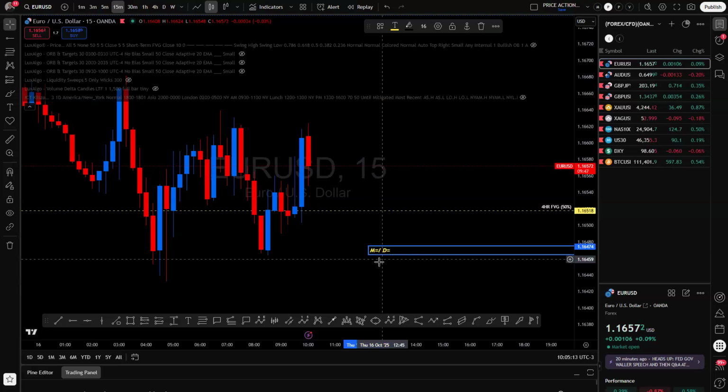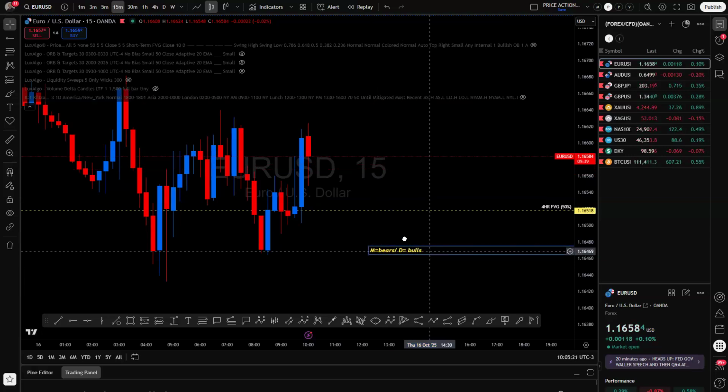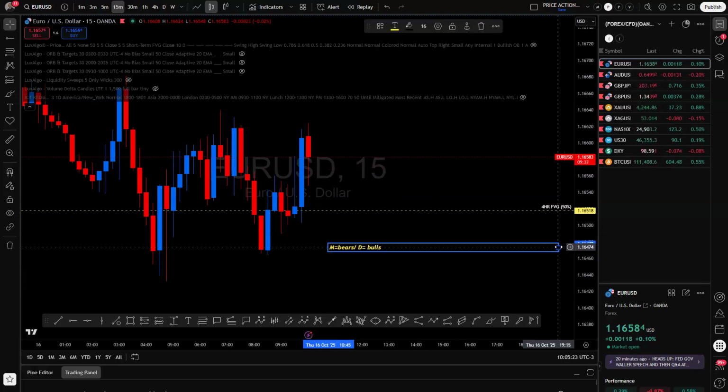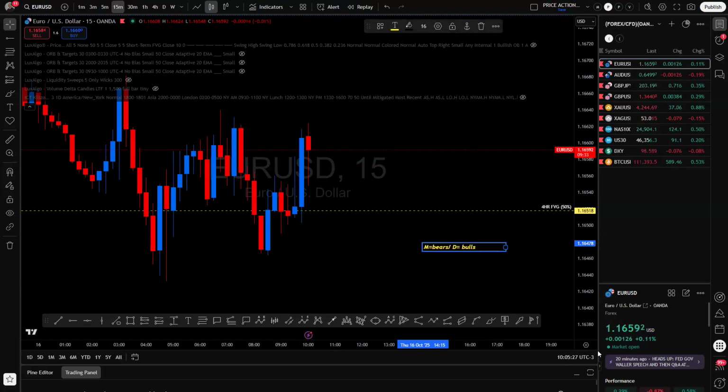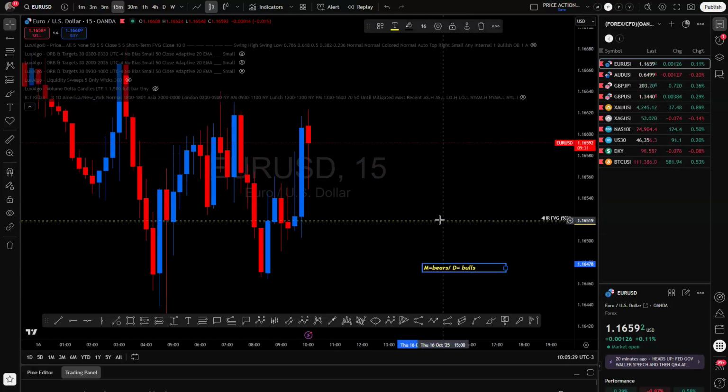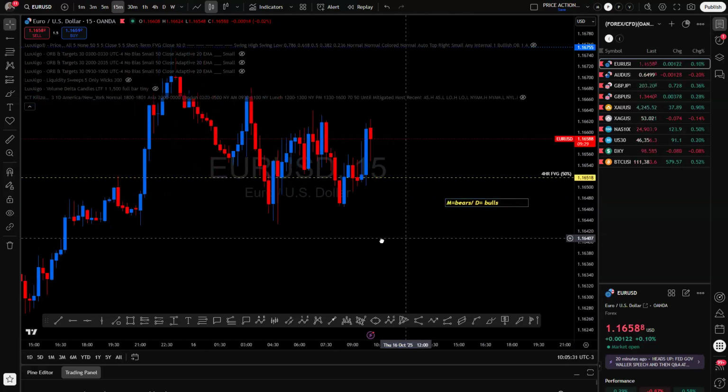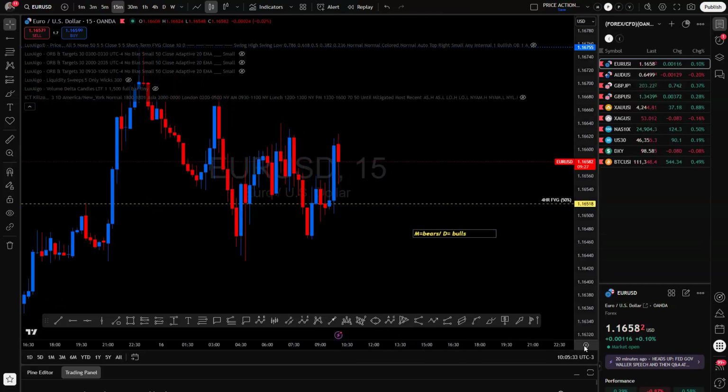The manipulation of the bears and the distribution of the bears. Okay. So I'll put that here. So that's what I'm really looking at. We'll know the price there.